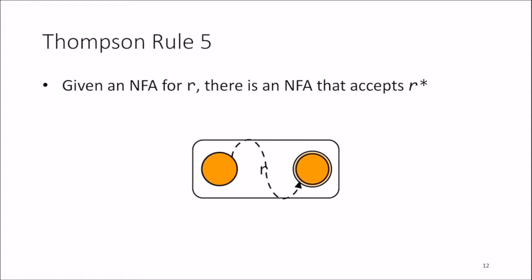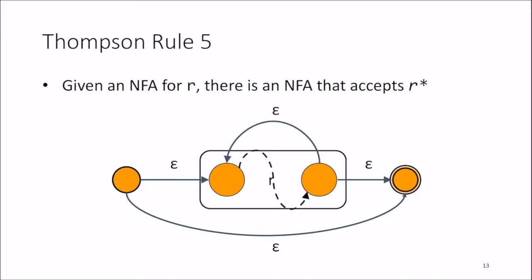Rule 5 is about the star operator, or the Kleene closure. If we have an NFA for R, shown over here, then I want to represent the star operator. Star means, as you know, 0 or more repetitions. So if there is a language of R, I want 0 or more repetitions of every string in this language. The way to ensure that is to again use the transition on the empty string.